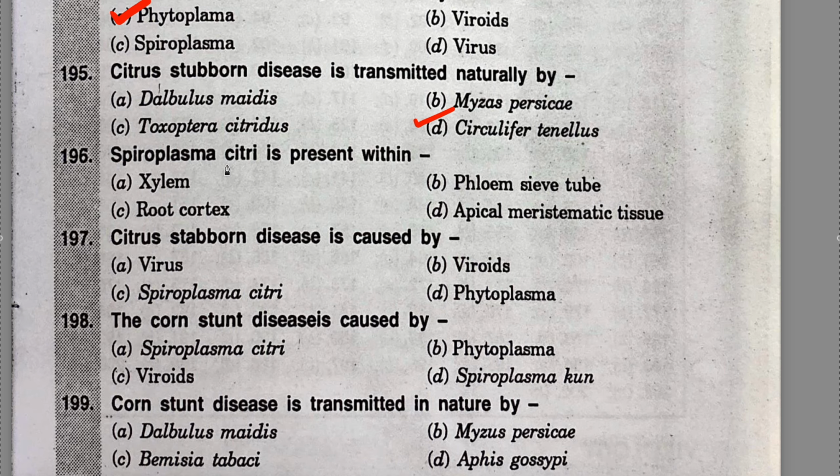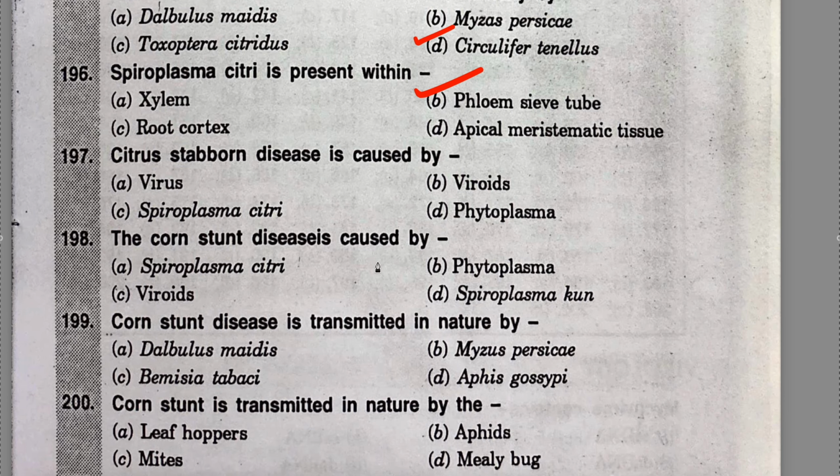196. Spiroplasma citri is present within xylem, phloem, root cortex, or apical meristematic tissue. Which one? Answer is option B, phloem sieve tube. 197. Citrus stubborn disease is caused by virus, viroids, pyroplasma, or phytoplasma.